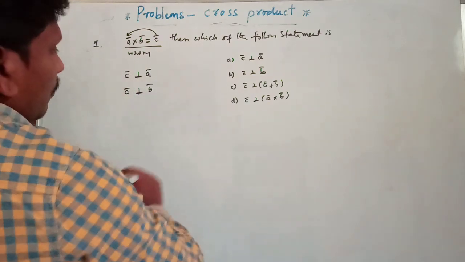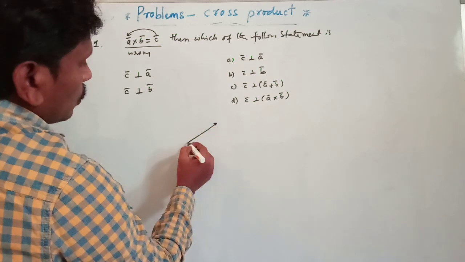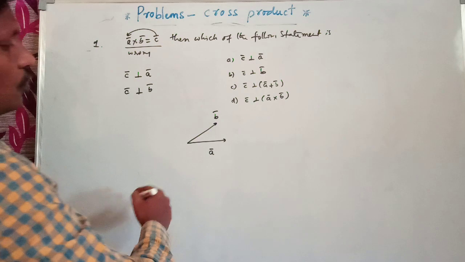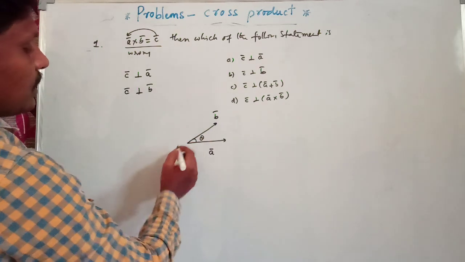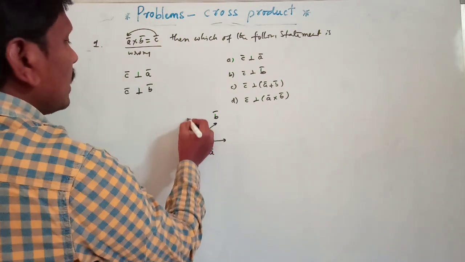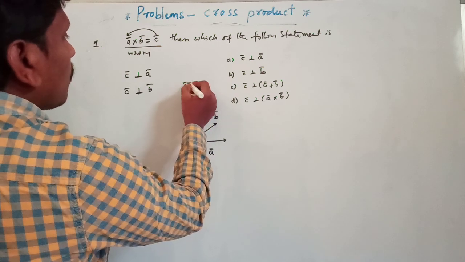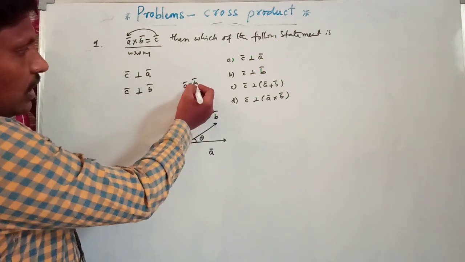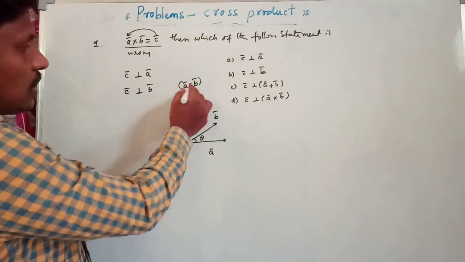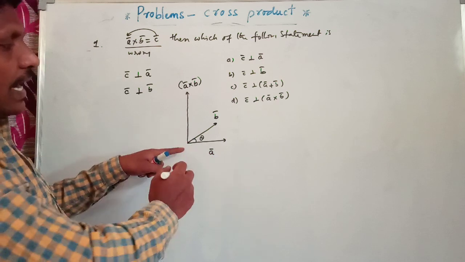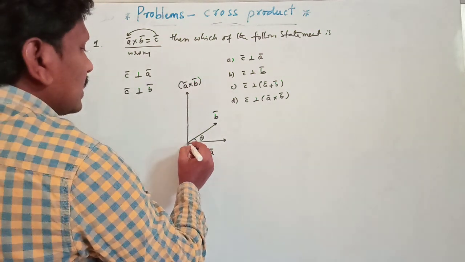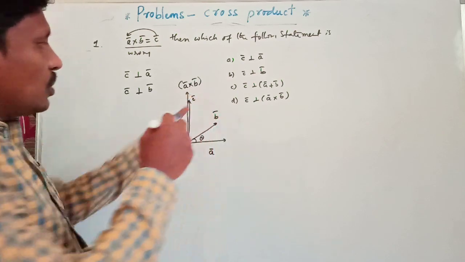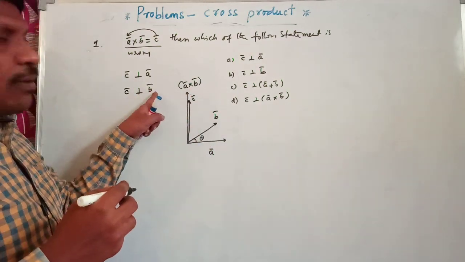How can we write a diagram? Now let us see. These are A bar and B bar, two vectors making an angle of theta. We know that A bar cross B bar, the cross product of the two vectors, is always normal to B bar and A bar, and this C bar vector is normal to B bar vector and A bar vector.